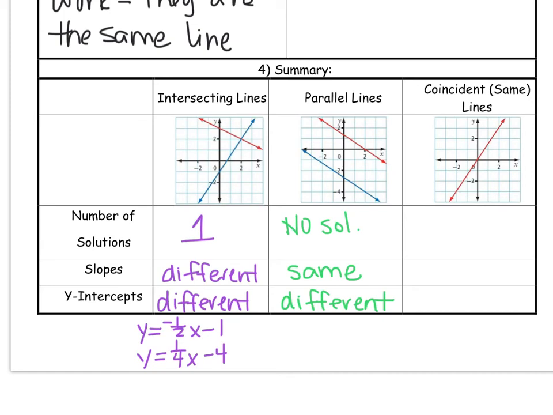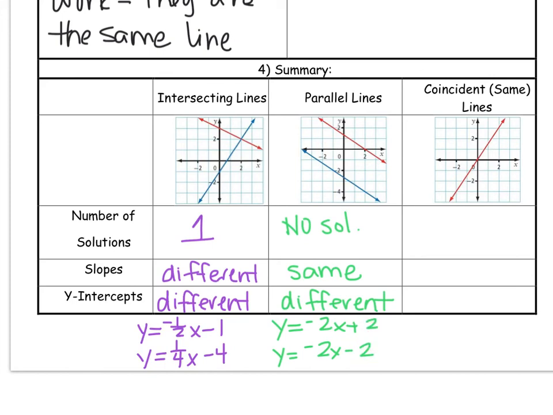Let's look back at example number 2. We had the line y equals -2x plus 2, and y equals -2x minus 2. So we had the same slope, but different y-intercepts.